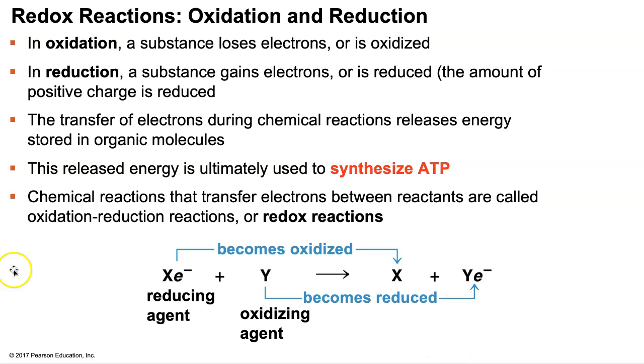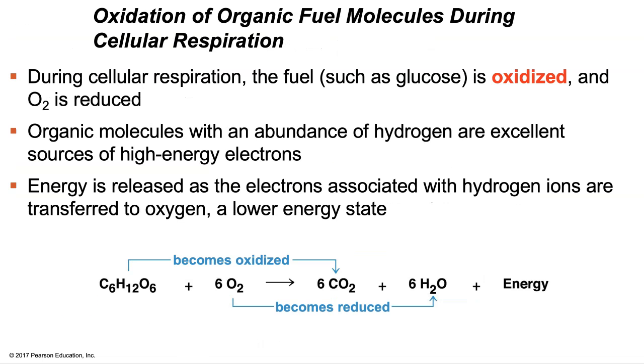So you have to be aware of what is being oxidized and what is being reduced in the reactions that we're talking about. I went over the cellular respiration one in the last lecture, so look that over if you're still a little bit confused.